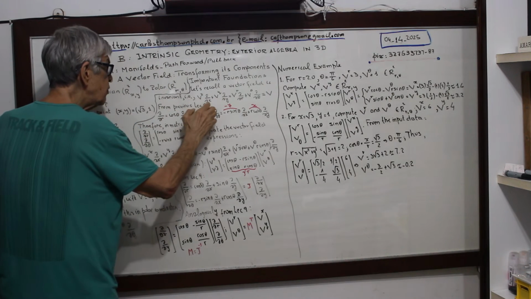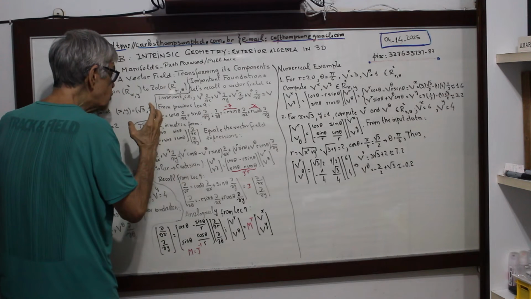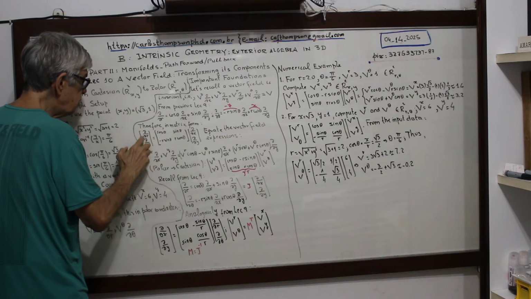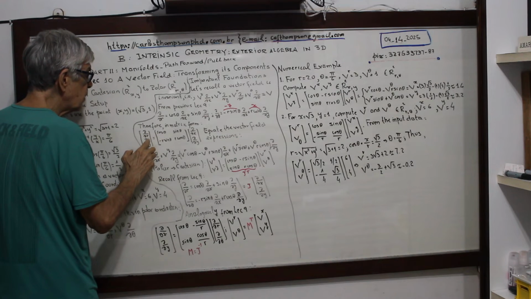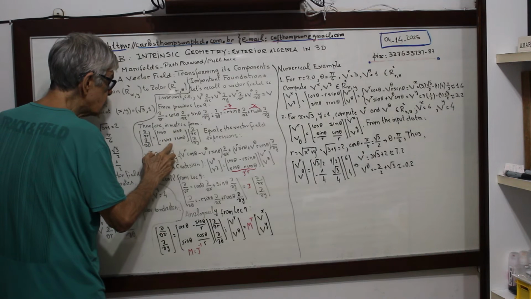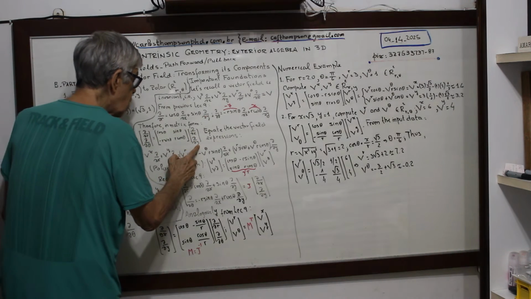Now, from the previous lecture 9, the relation between the basis that belongs to the polar coordinate is given by cosine, sine, minus r sine, r cosine, partial of x, partial of y.